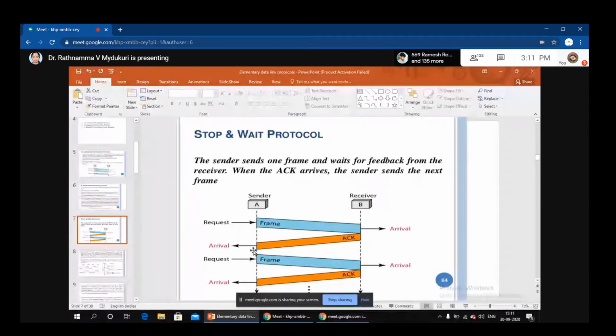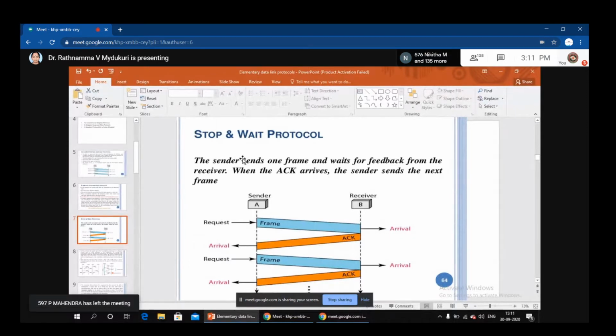Once the acknowledgement reaches the sender, the sender again sends the next frame. So this is a mechanism of stop and wait for acknowledgement. That means first it sends one frame, it stops the process and waits for acknowledgement. So this protocol has been named the stop and wait protocol.